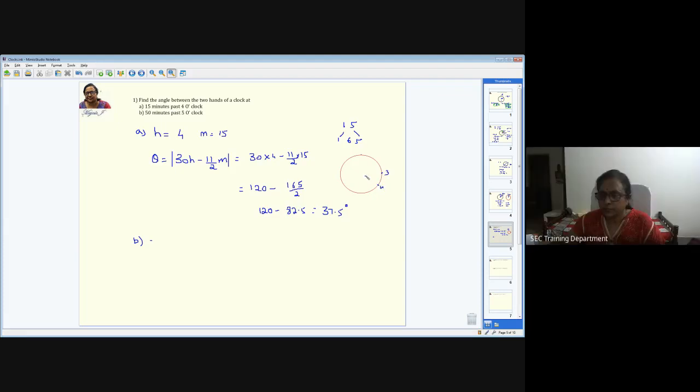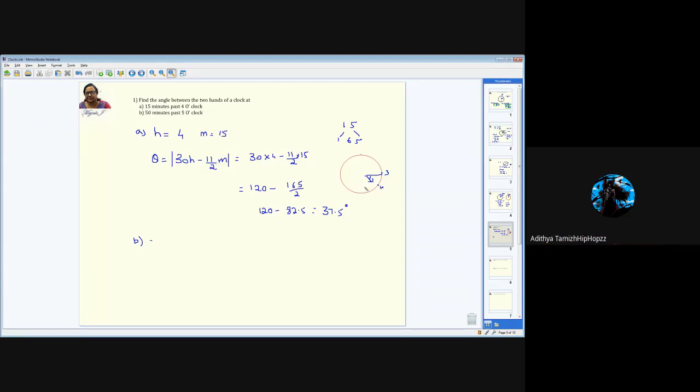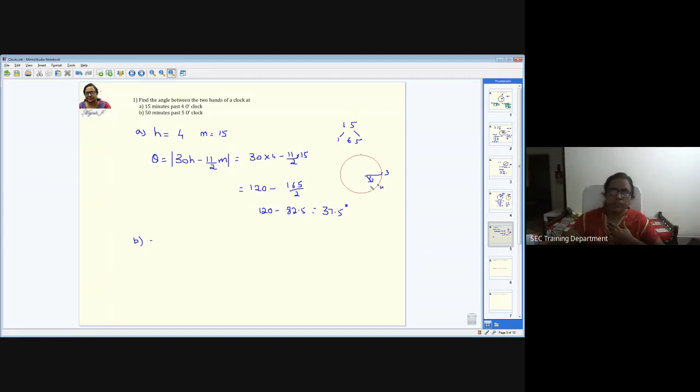So approximately there is one division, so it's going to be 30, but exactly it will not be at 4; the hour hand would have moved by 15 minutes. For 15 minutes, it will move by 15 by 2, that is 7.5 degrees. So 30 plus 7.5 is 37.5.